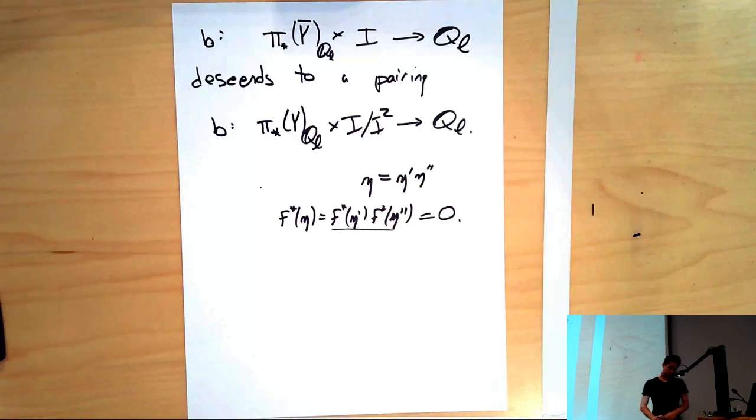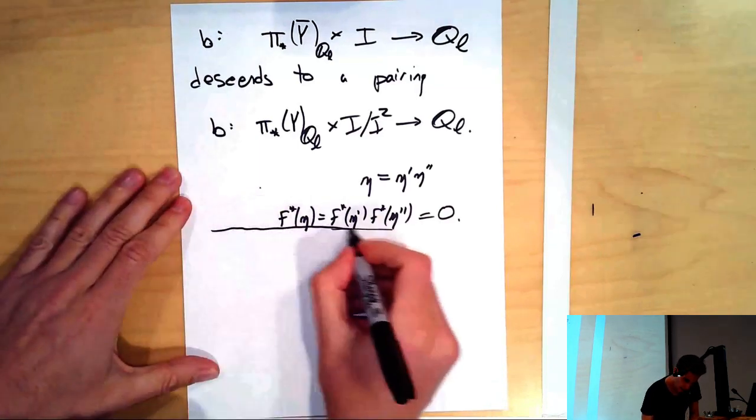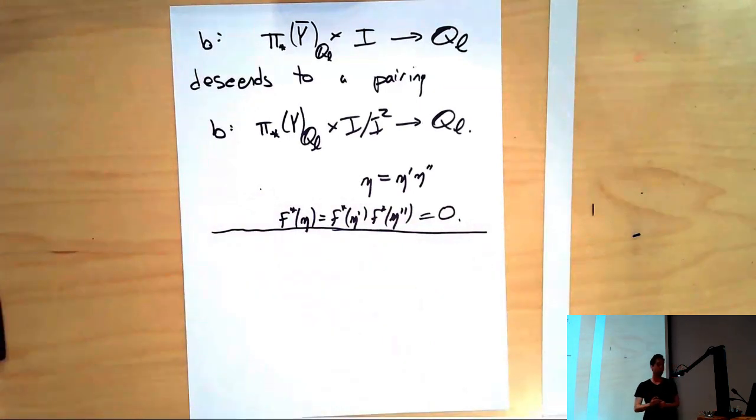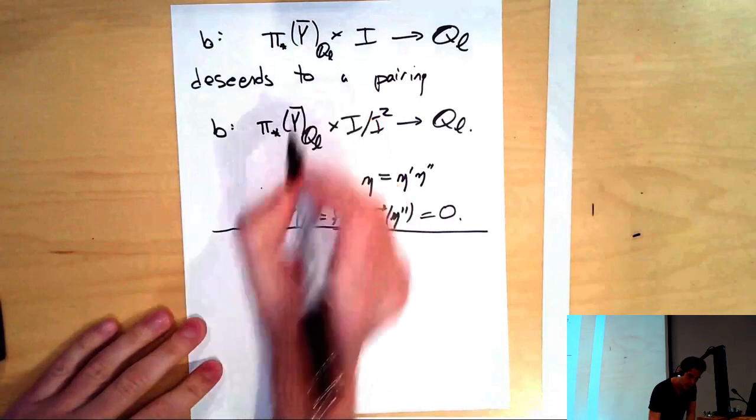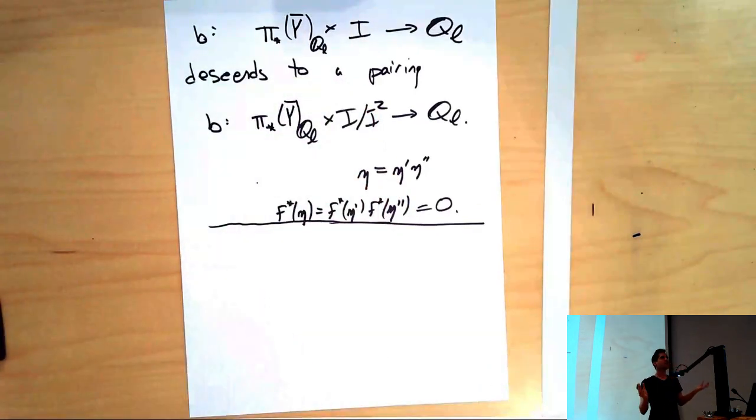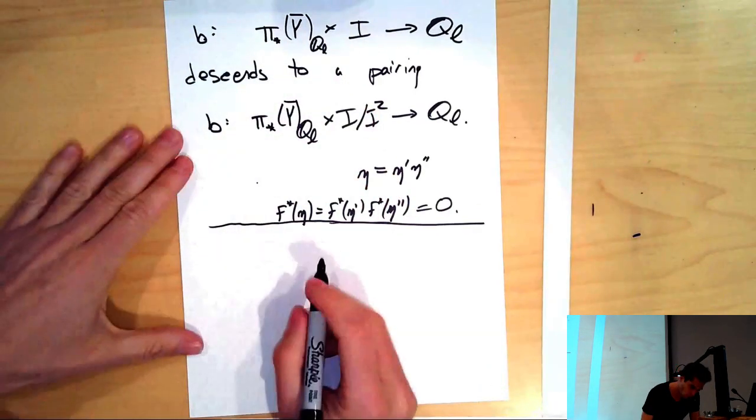Okay, so this is a relationship between the homotopy groups of y bar and the cohomology of y bar. And now, in some cases, this is all there is to the story.